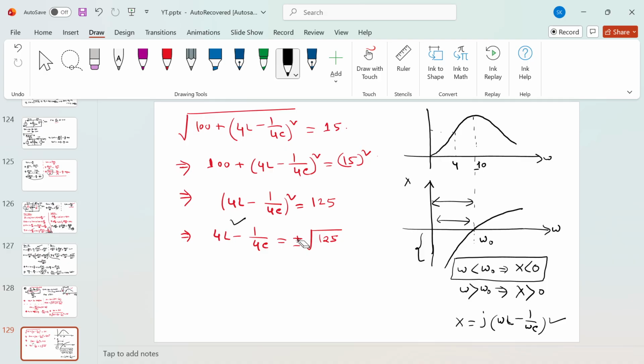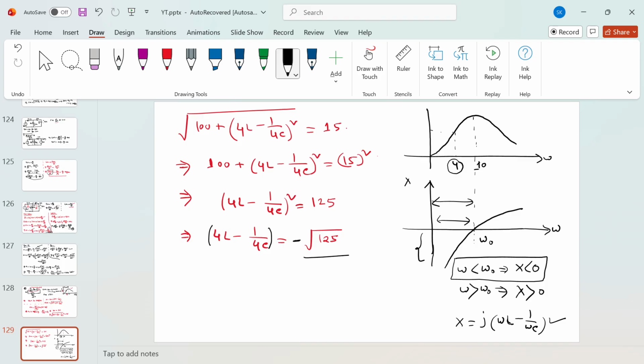So I must take the negative sign here. I hope this explanation is clear, because omega lies below the resonance frequency, omega L minus 1 by omega C must be negative. That's why I have given a minus sign here. Now you can do the calculations.